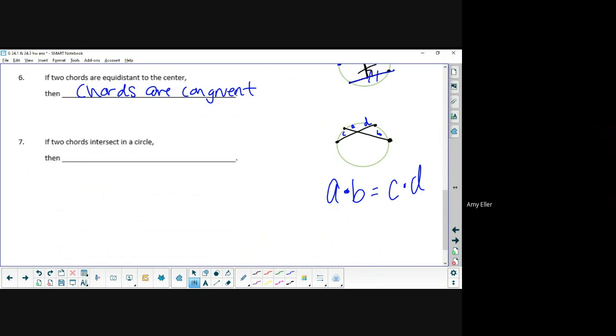Then, two parts of one chord multiplied together equals, you can probably guess, what does that equal? It equals two parts of the other chord multiplied together.